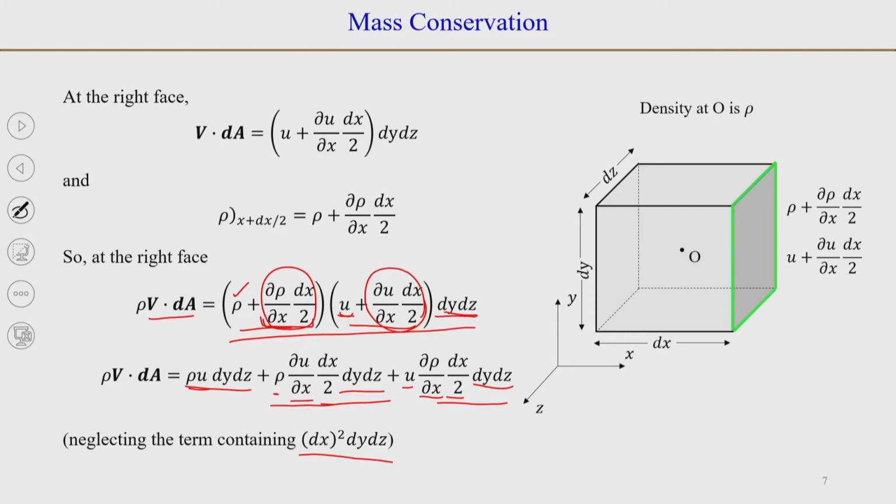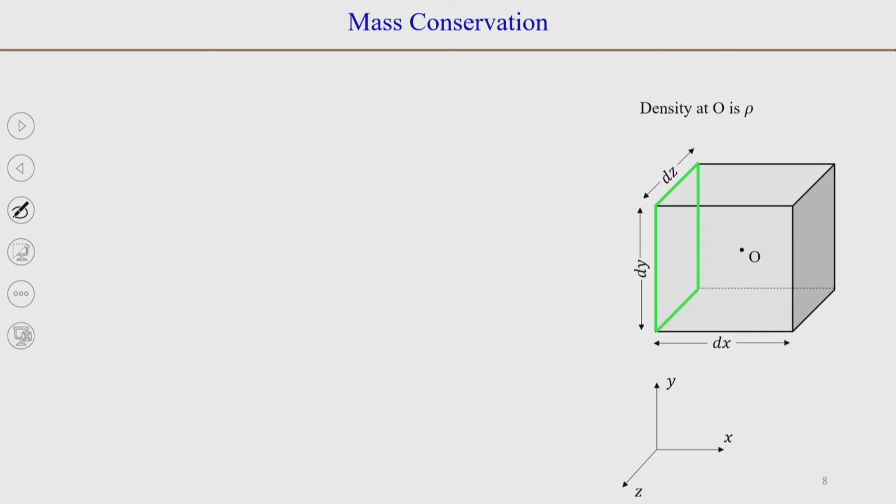So, in this we will have 3 terms for rho v dot dA. Now we have written down rho v dot dA for the right face. So, now we will do the same exercise for the left face.